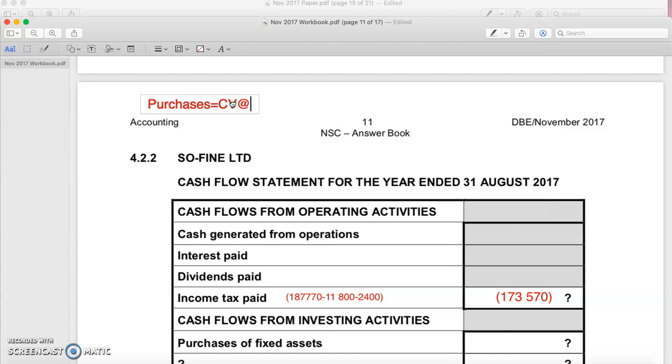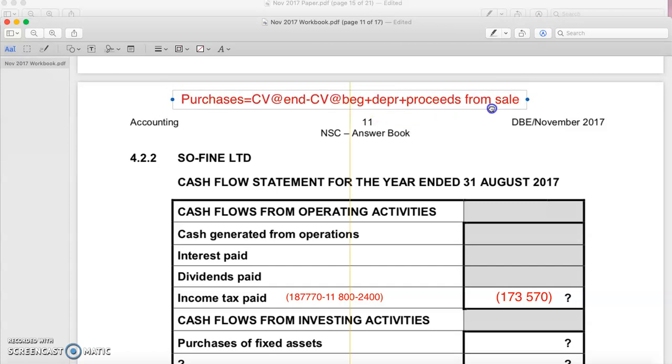It's carrying value at the end minus carrying value at the beginning, and then add depreciation and add proceeds from sale. This is how I always calculate purchases.